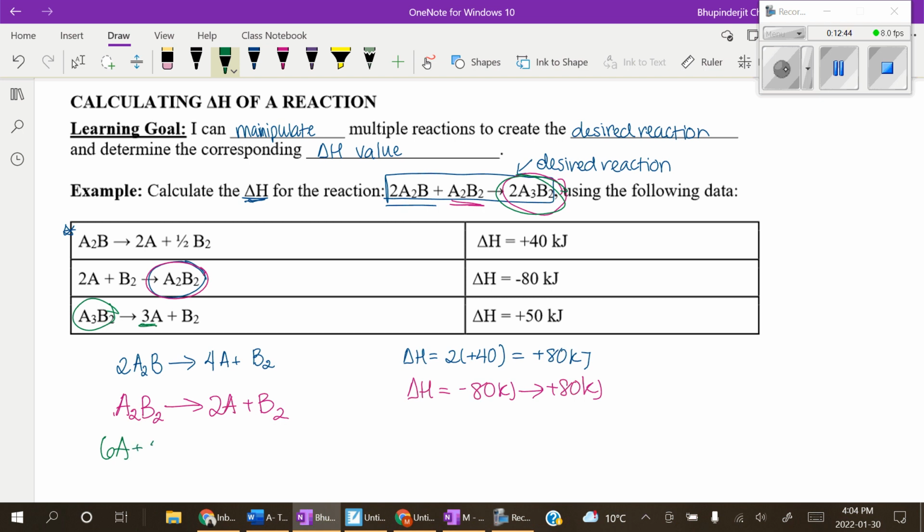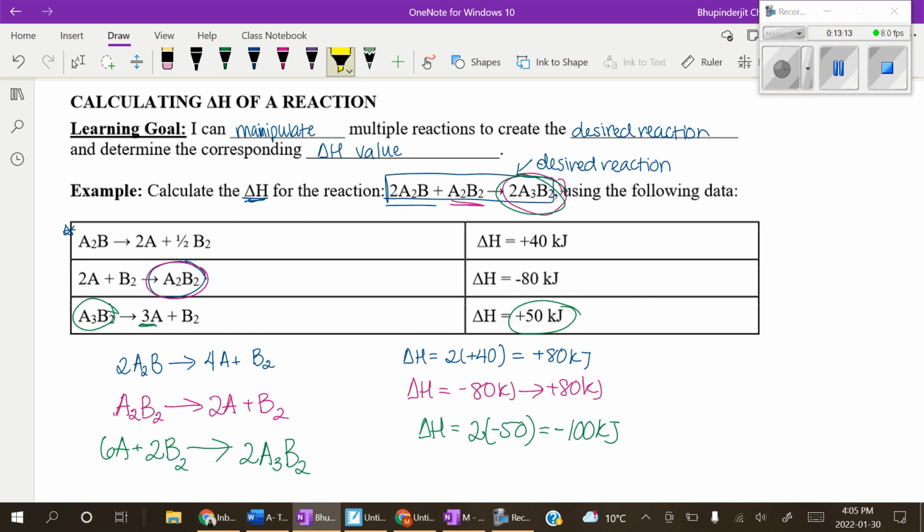B times 2 gives me 2B2, producing 2A3B2. Delta H is equal to, what we're going to do is multiply it by 2, and we're also going to give this number a sign change, which gives me minus 100 kilojoules. So let's recap.